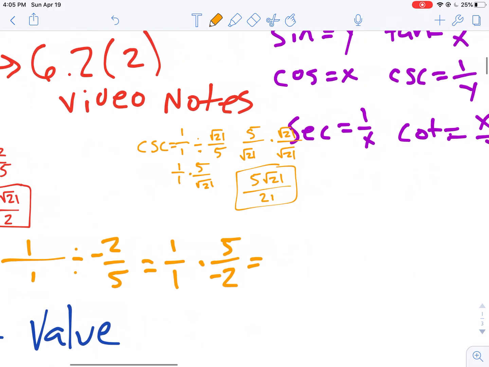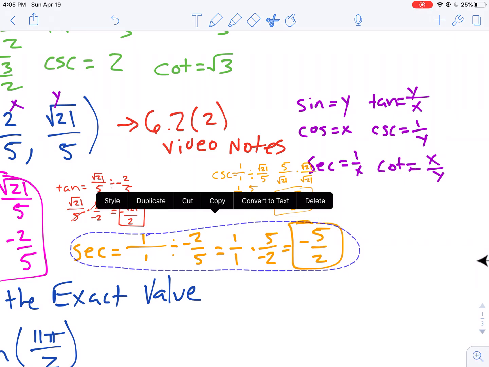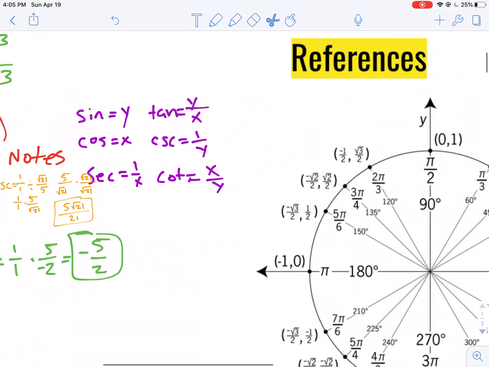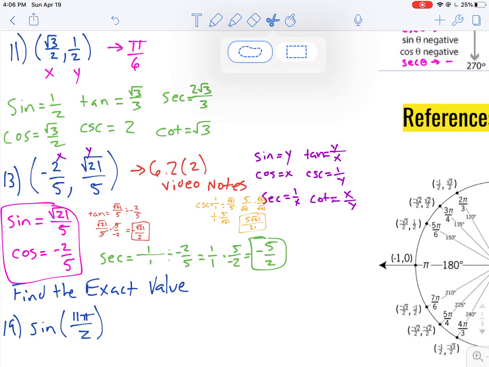So this is just going to be equal to negative 5 over 2. And then let me change the color of that secant, make that green, so that way they all match up. Let's shrink that down to make room here. I apologize for not spacing that one out super well.